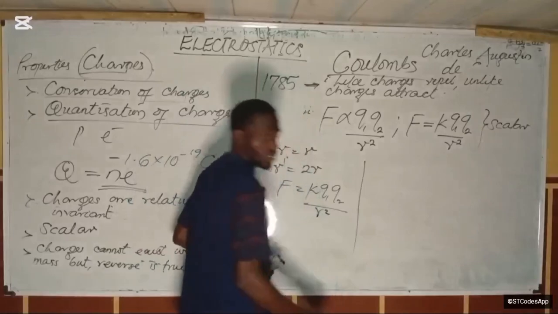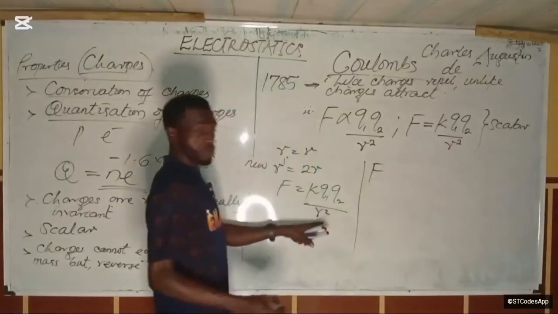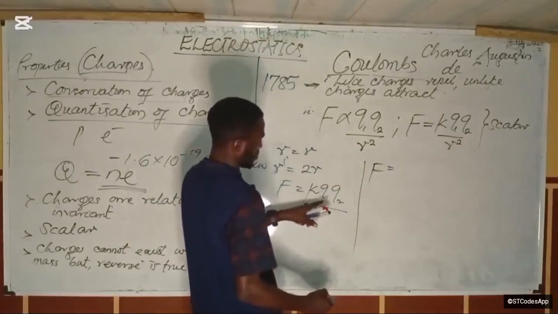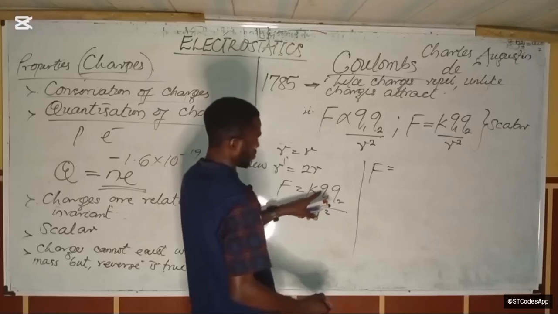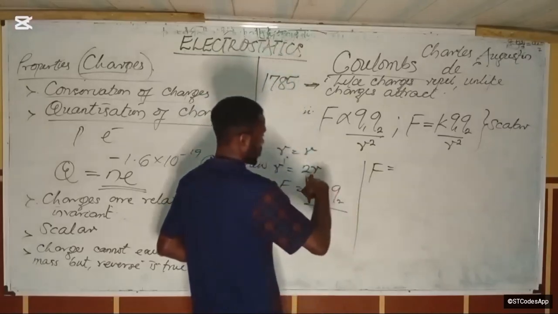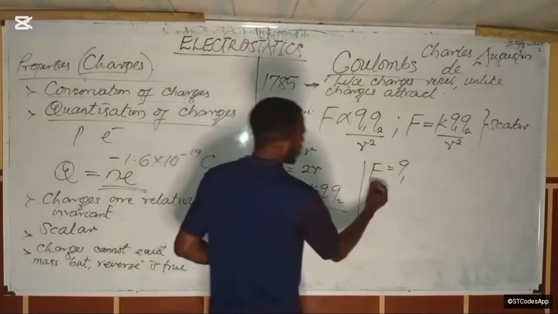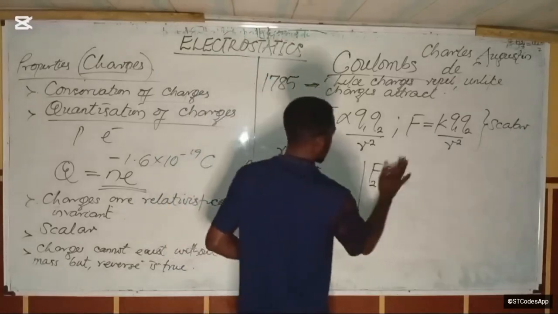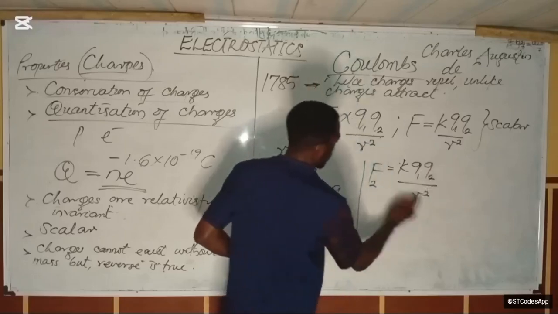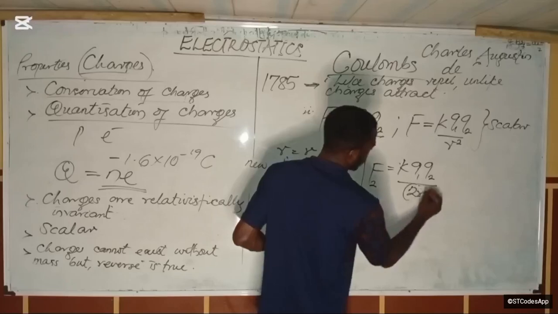The new force, by the time we double this, F will be equal to KQ1Q2 over R, where R is now 2R, so that becomes 2R all squared.